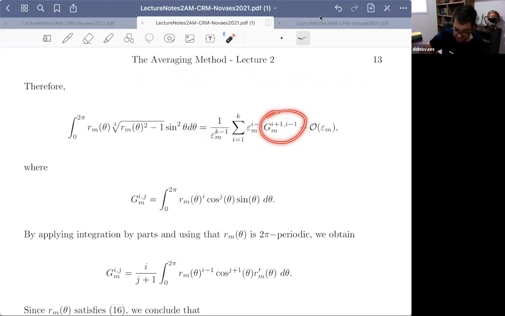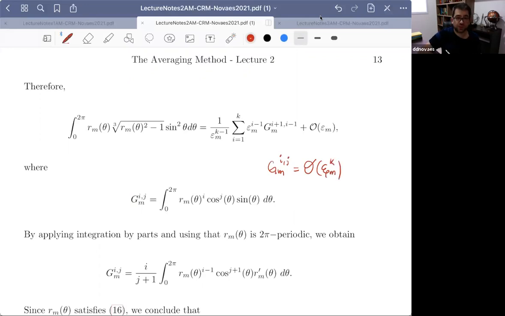These functions, g_m ij, I'm just changing the names in order to simplify the expression. So this is this integral here. So what I'm going to prove now is that g_m ij is a function of order epsilon m power 2k.